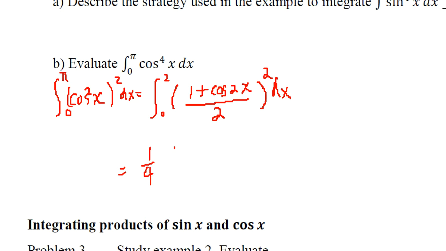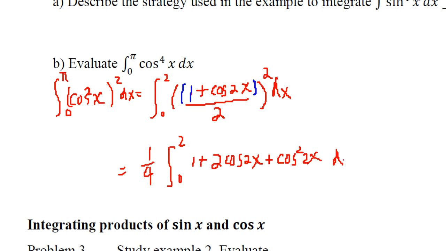With the square, it becomes 1/4. And for this inside part, 1 plus cosine 2x, I'll use the binomial formula. So it will be 1 plus 2 cosine 2x plus cosine 2x squared, dx.